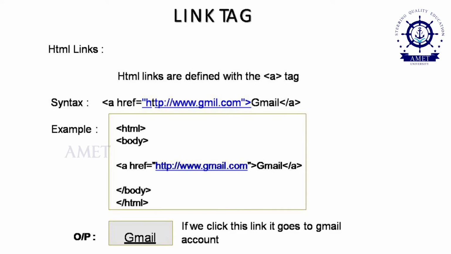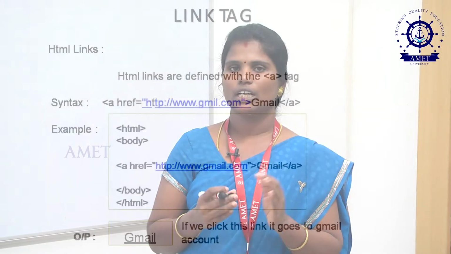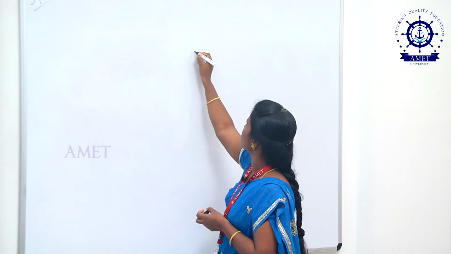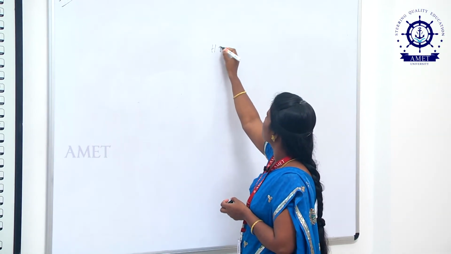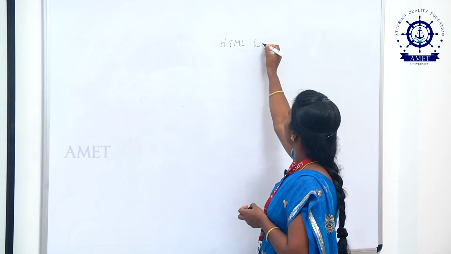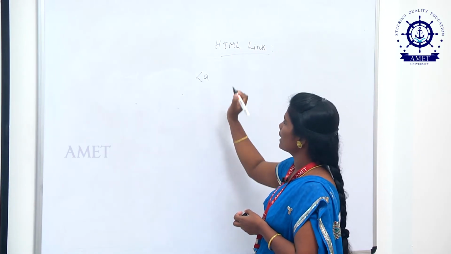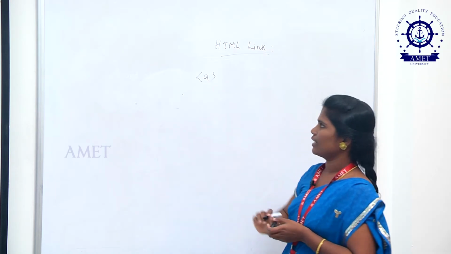Next we are going to see linking, how to perform linking in HTML. There is a separate tag called the anchor tag. If you want to do linking in HTML, use a tag called the anchor tag.